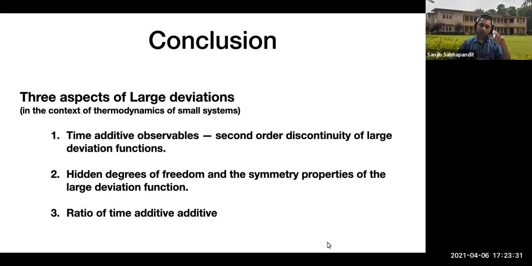We did not actually look at the path, but intuitively what we understand is that this singularity always appears when you go far away from equilibrium, where you have more fluctuations.